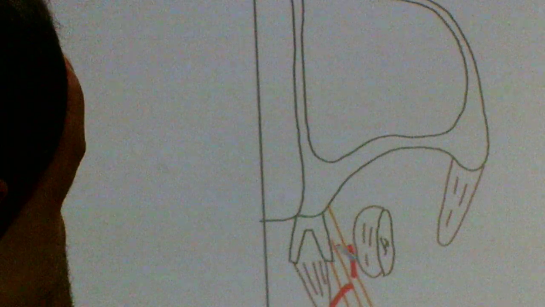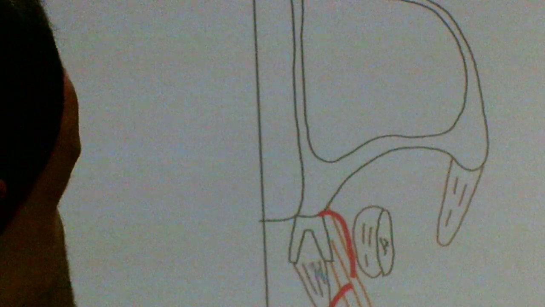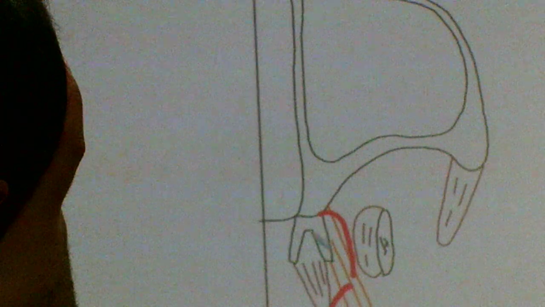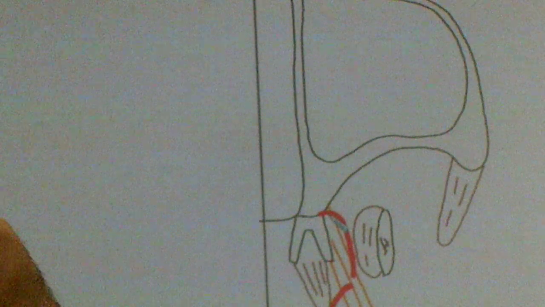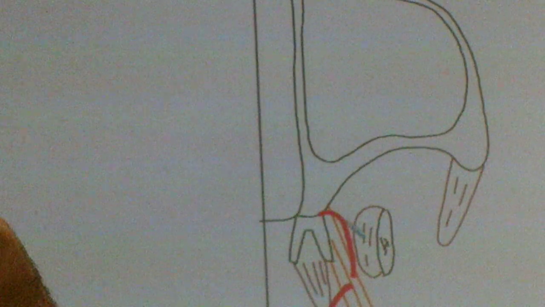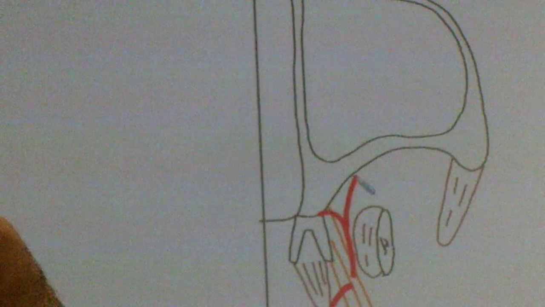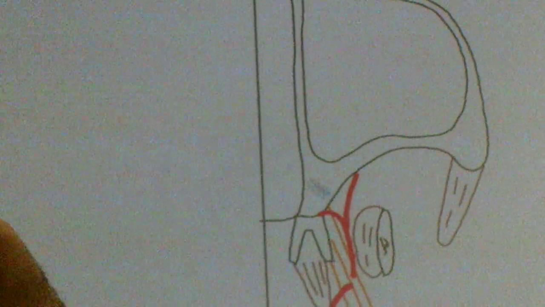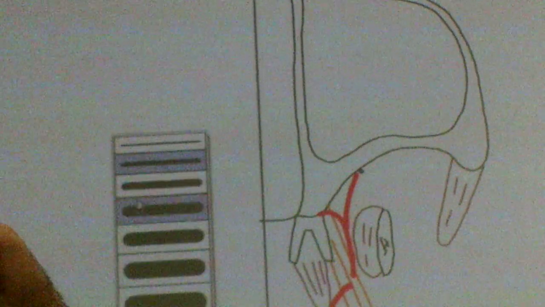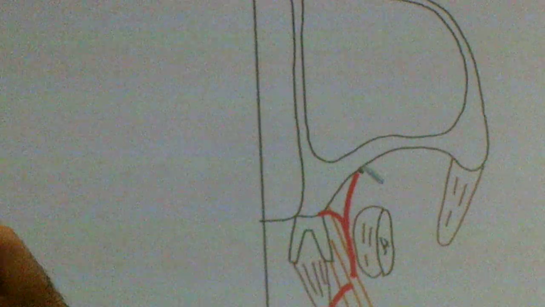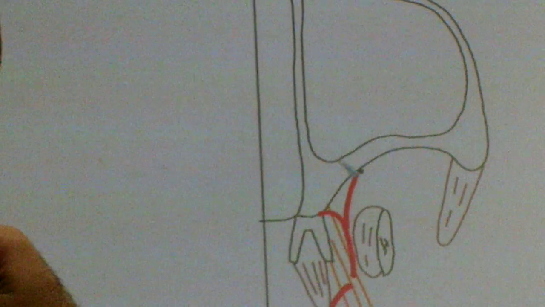We represent the element on the upper side. So we have the maxilla. Here is the nasal fossa. Behind the maxilla you have the pterygoid process.